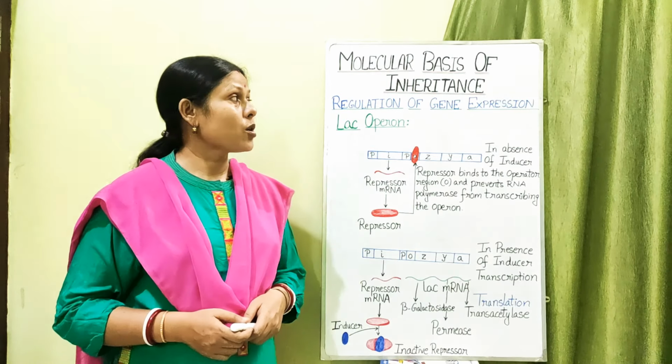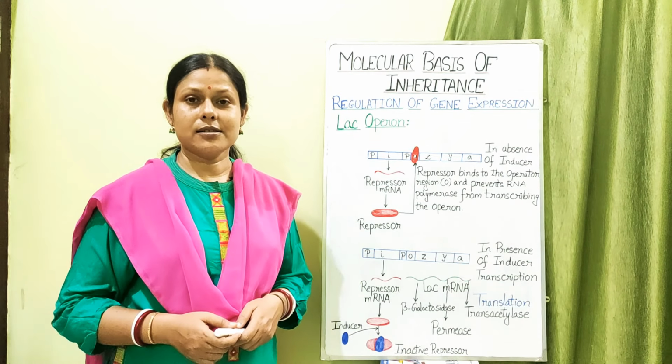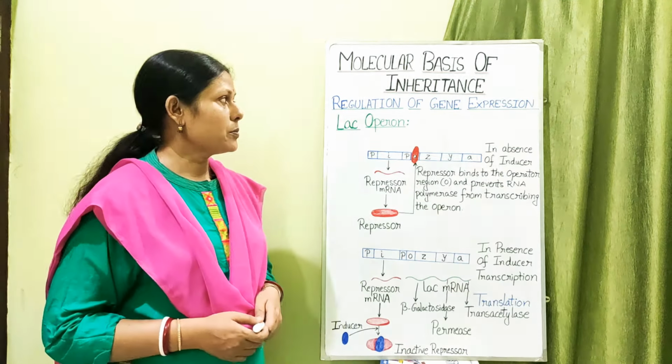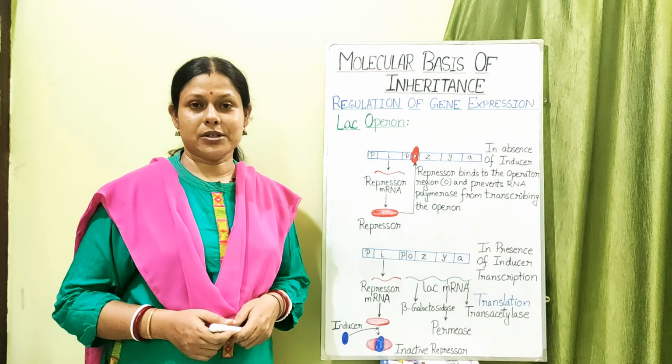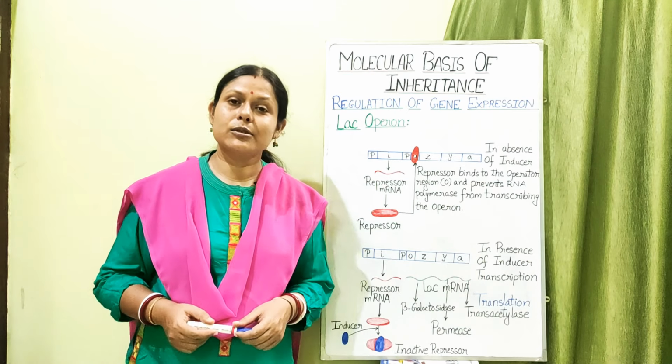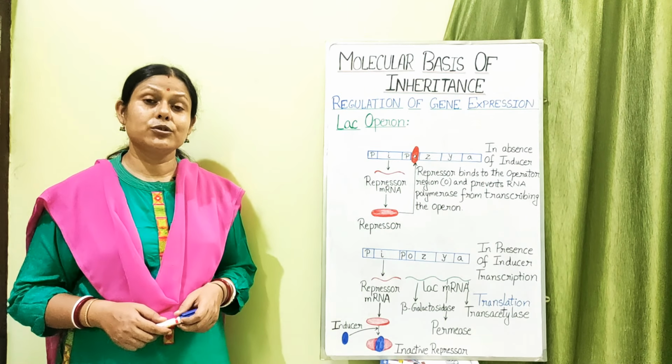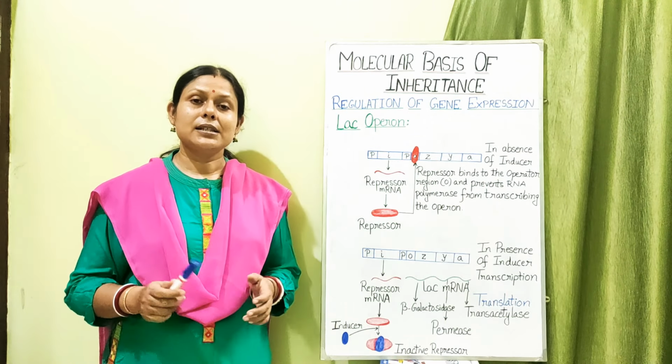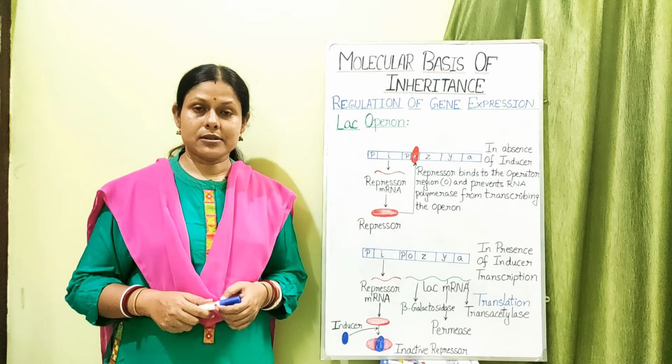In today's class of the molecular basis of inheritance, we are going to take up a topic, regulation of gene expression. In my previous video, I told you that regulation of gene expression in the eukaryotic cell takes place at various levels, isn't it?